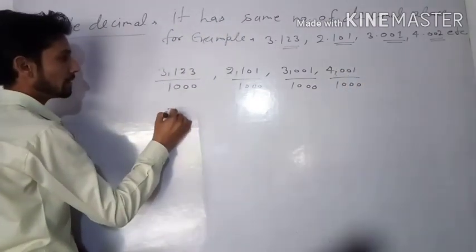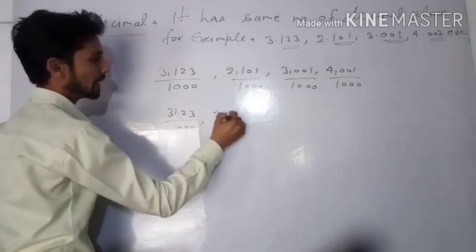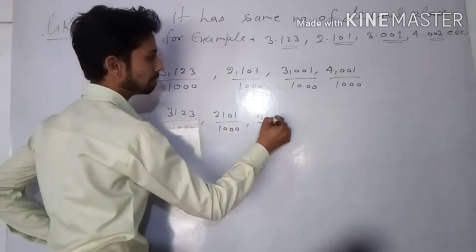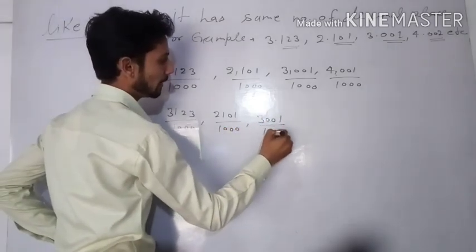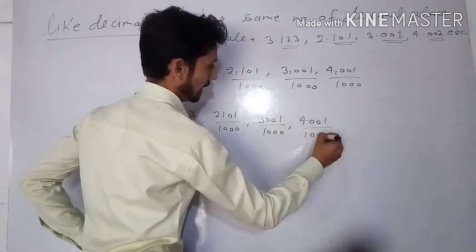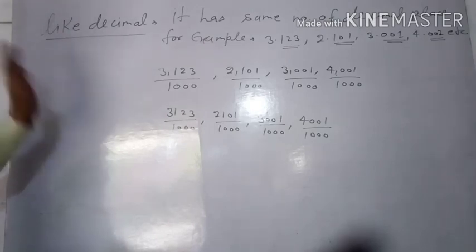So these have the same denominator. These are called like fractions. So in decimals, these are also known as like decimals.